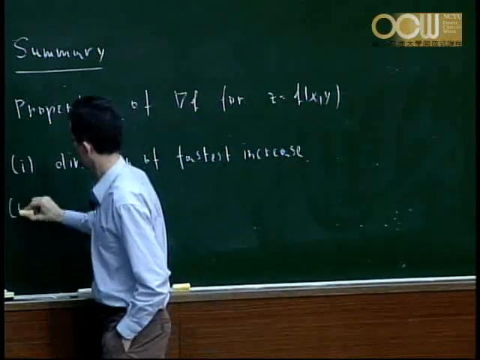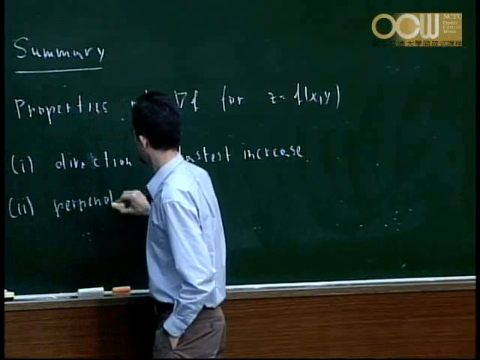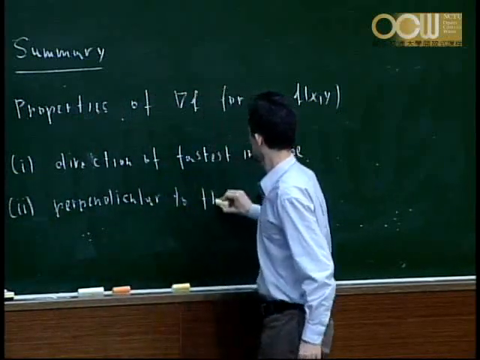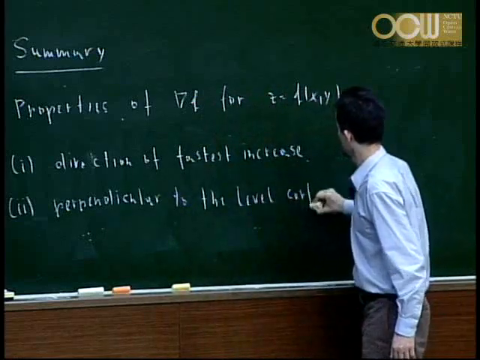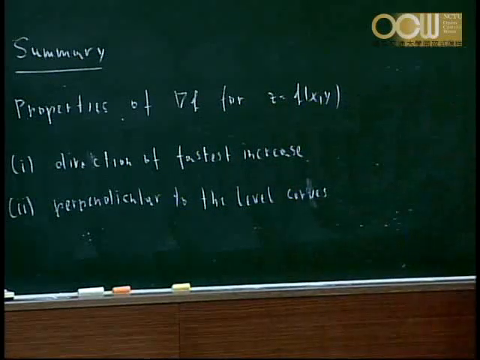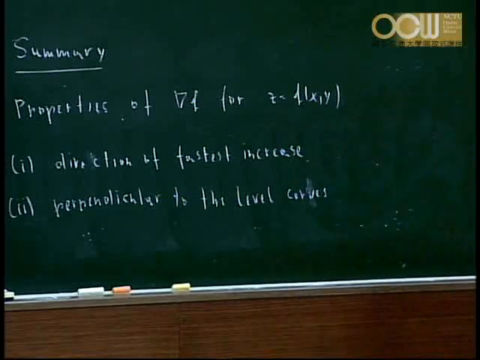And second, perpendicular to the level curves. This is the picture which we saw for the function e to the x times e to the y. But this is something which is not very surprising.